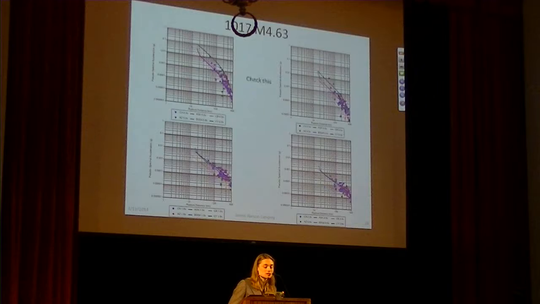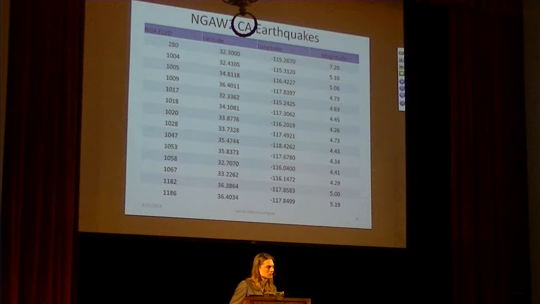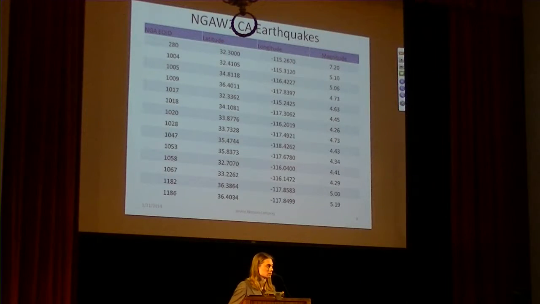There are 50 slides, so. There we go. This is what was used. These are at least the events. So basically, you're assuming that the source term doesn't have magnitude scaling in it, that what you get for the smaller magnitude will also apply to the larger magnitude. That's your assumption. Mm-hmm. There is that one magnitude 7 event, but yeah.